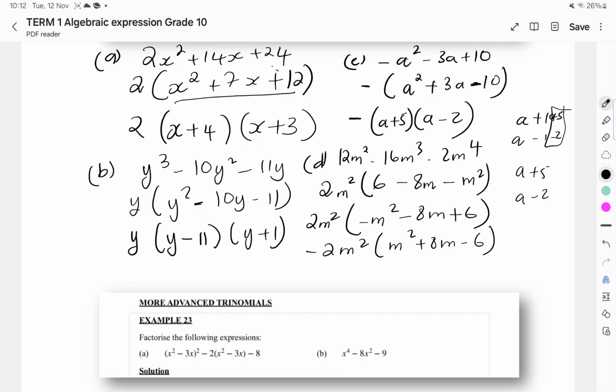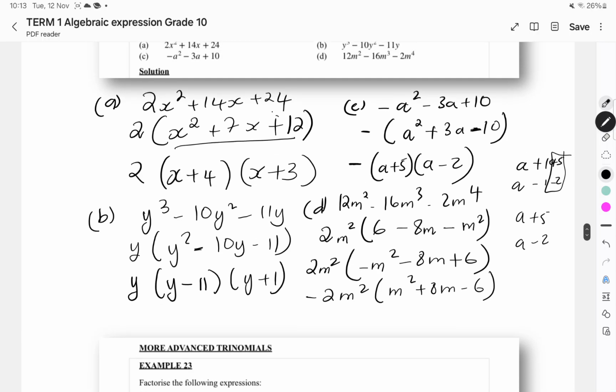Good. Let's continue. Do I have such factors that can give me that? Minus m squared, 6. All right, cool. Let's check. I have m and m, then I have 6 and 1, 3 and 2. I don't see any factors that will give me 8. Then let's check if we did our question correctly.